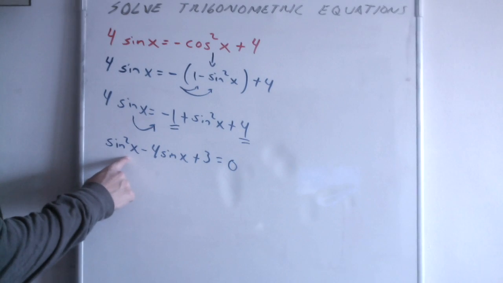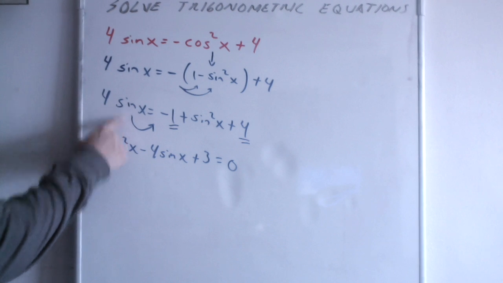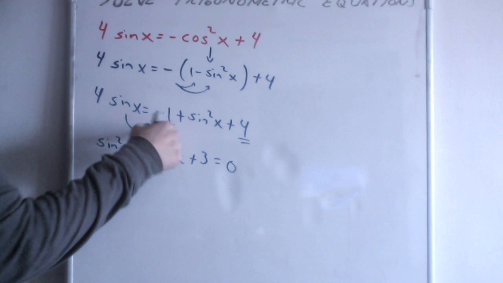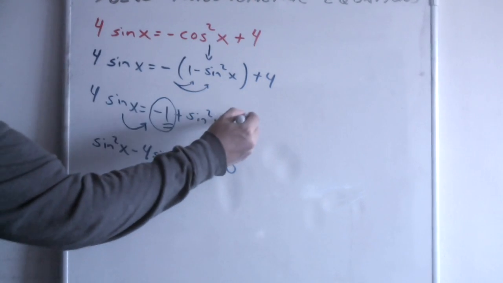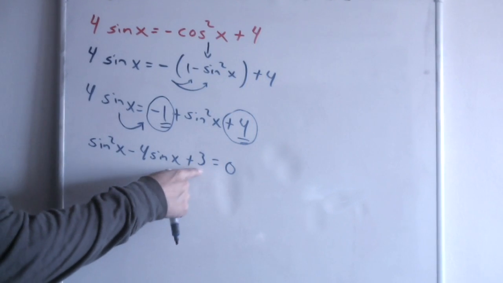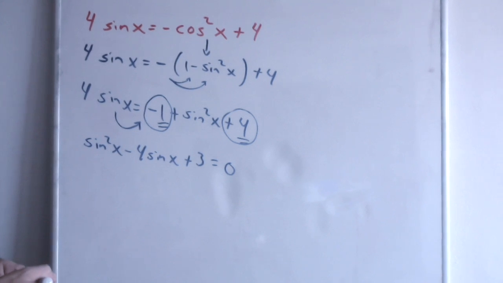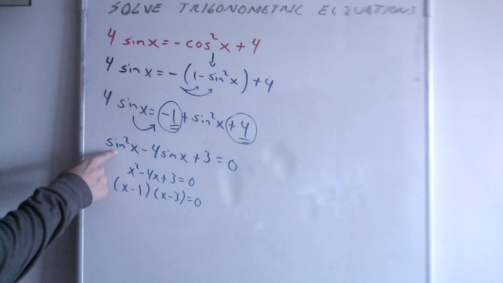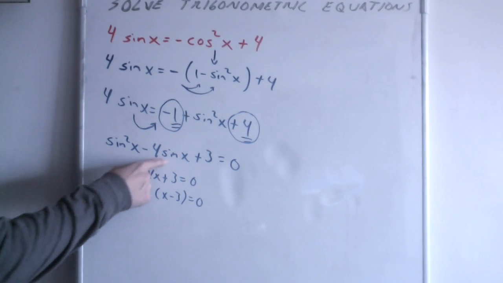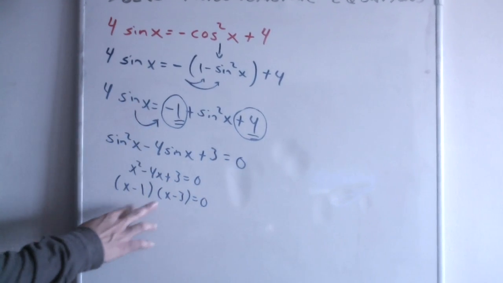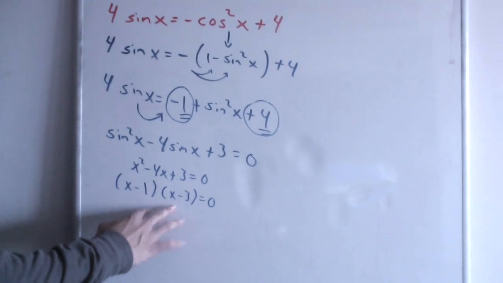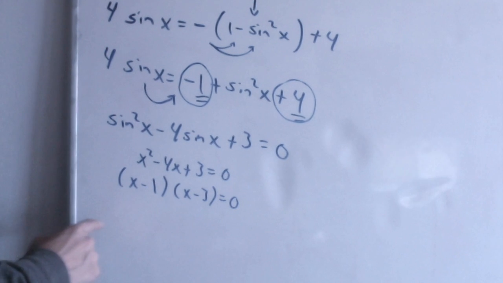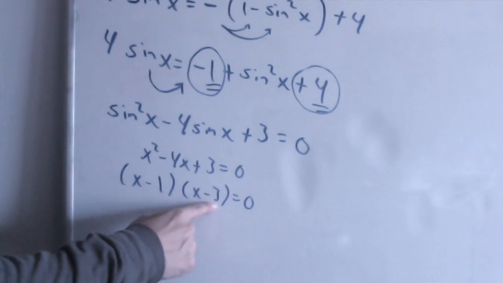So I leave the sine squared x, this one is positive, goes negative, minus 4 sine x, and then I just add -1 plus 4, and that is 3. So now I'm gonna factor. I can write this as x squared minus 4x plus 3, and two numbers that multiply to positive 3 and add to -4, so that is -1 and -3.